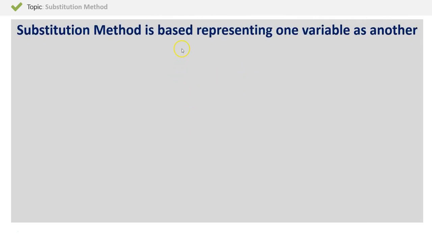Substitution method is based on representing one variable as another. So what happens? Usually you get pair of linear equations in two variables, right? So that means you have two equations.